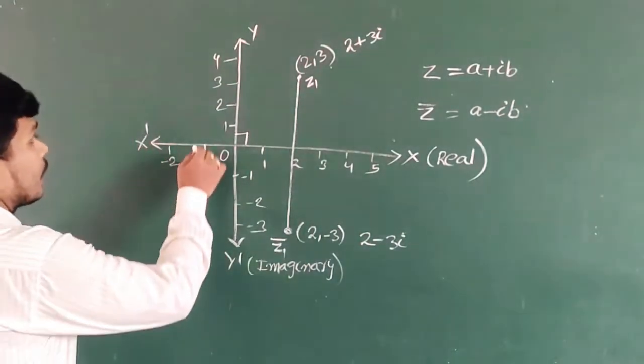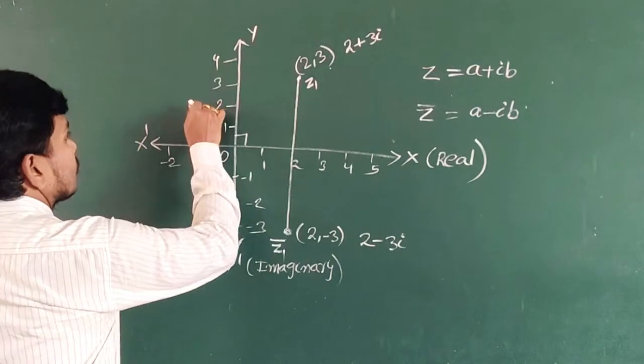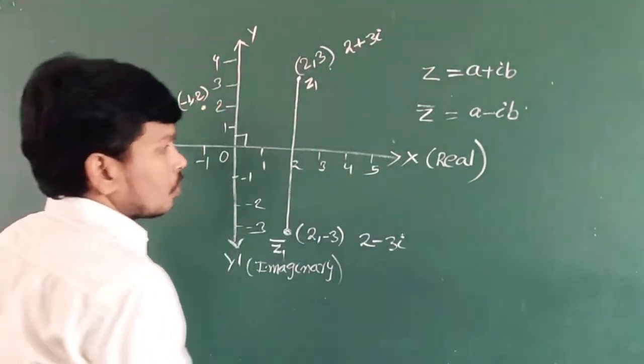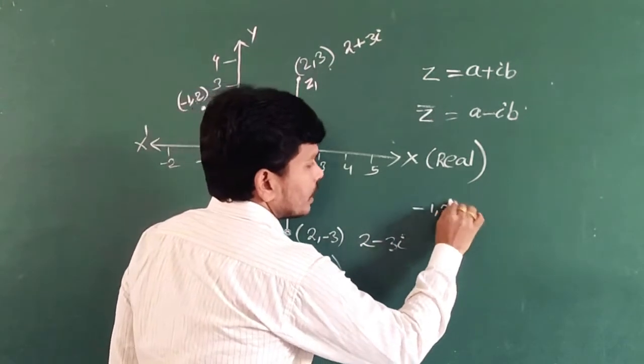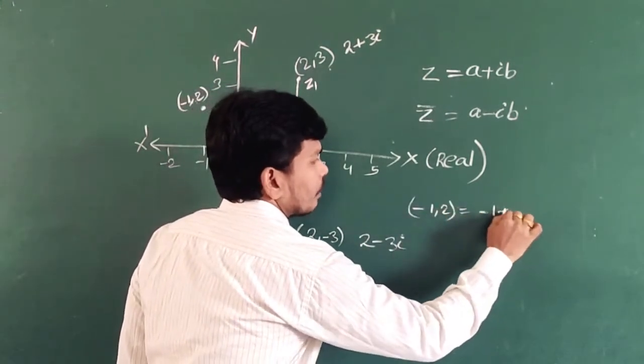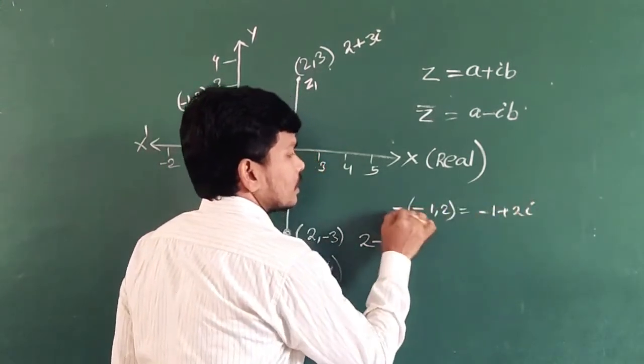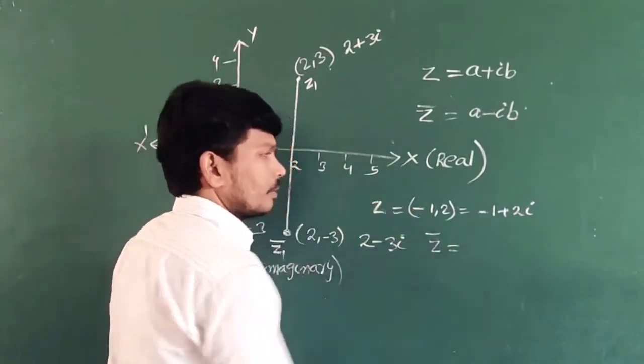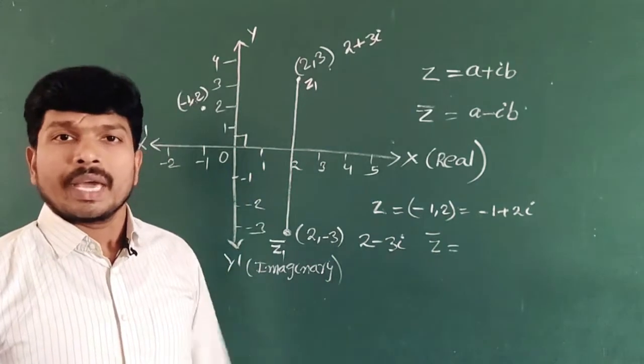Suppose I am taking one point, (minus 1, 2). So (minus 1, 2) indicates minus 1 plus 2i. Suppose this is z. What is z bar? Can you tell me?